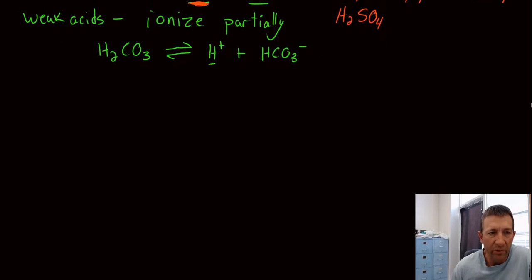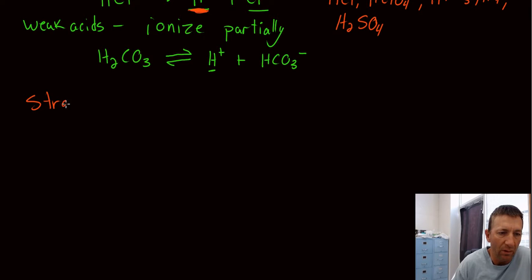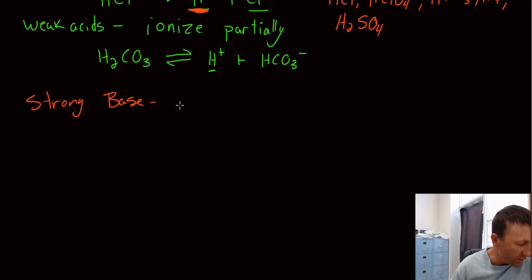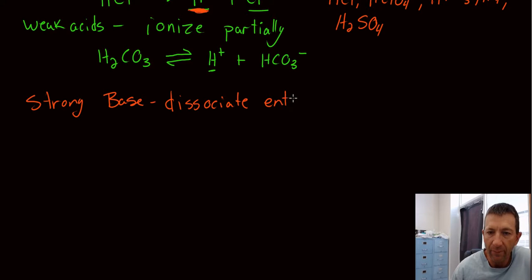Now with bases, let's talk about what a strong base is. It's a lot the same as a strong acid, where a base will split apart and stay apart. For a strong base, instead of ionize, we say that the base dissociates entirely. An example of a strong base is sodium hydroxide.